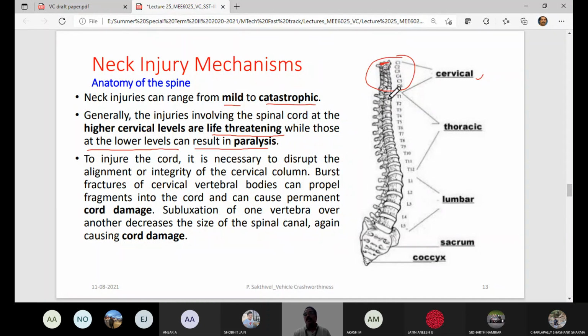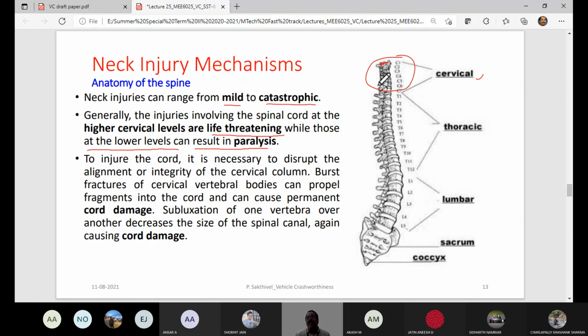So these cervical discs of our spine are very, very delicate, and they are nicely sitting here, and God has gracefully given such a wonderful mechanism. We don't intentionally injure the cord. To injure your spinal cord, it is necessary to disrupt the alignment or integrity of the cervical column.